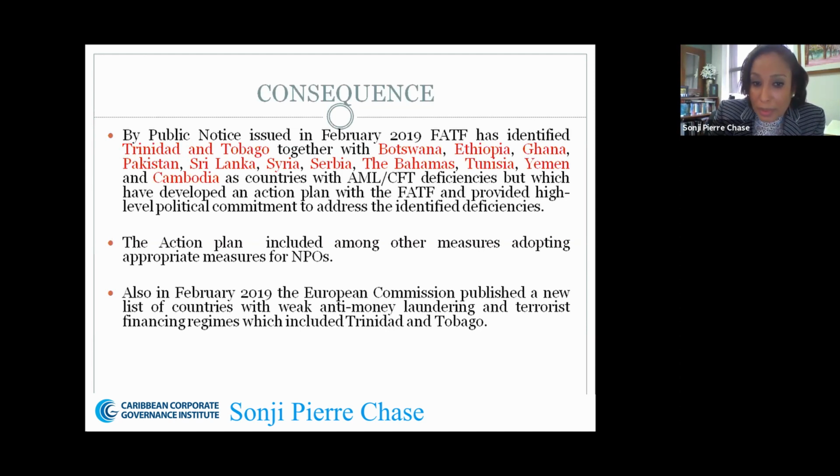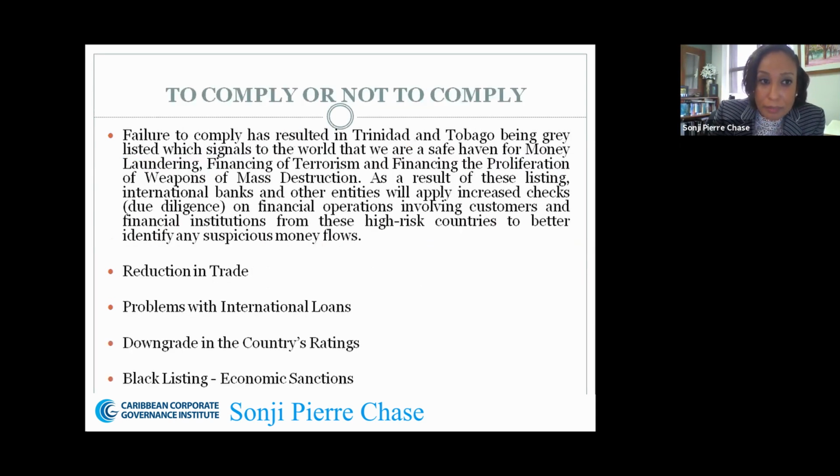In February of 2019, the European Commission published its report, and it lists those countries that had weak anti-money laundering and terrorist financing regimes. And of course, as I said, Trinidad and Tobago was identified as one of those, with other countries like Botswana, Ethiopia, Ghana, and the like.